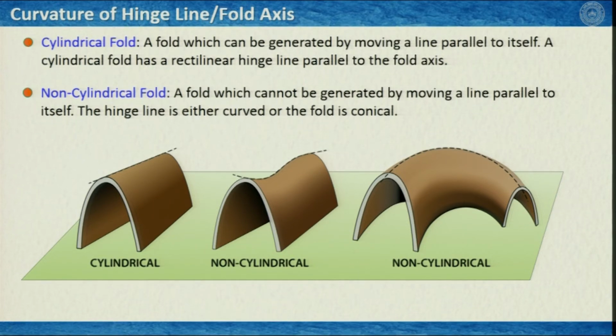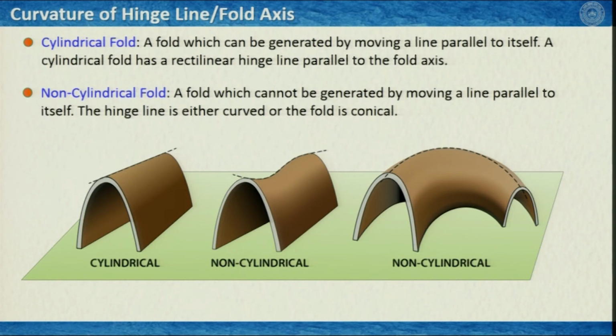Now, if the fold axis is straight, then we call it cylindrical fold, or in other words, the way we defined the fold axis in the previous lecture, a fold which can be generated by moving a line parallel to itself, and this particular line is your fold axis, and if you can do that, the fold you will produce out of it is a cylindrical fold, because the direction of the fold axis is not changing in this case.